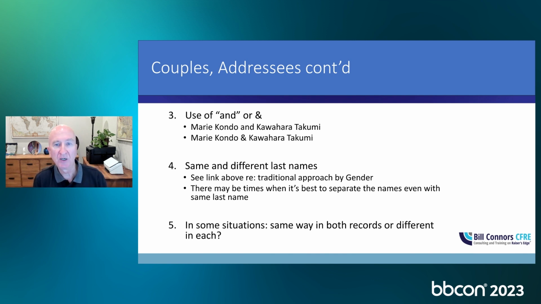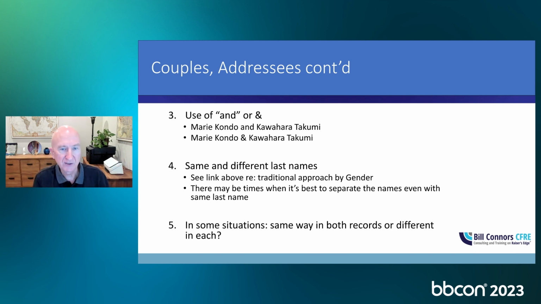What are you going to do for a traditionally married couple where she has taken his last name? How are you going to put them together, especially when she might come first because she's more important or she's the alum, not him? Sometimes, frankly, I think even with people with the same last name, it's just easier to list them separately with an and or an ampersand in the middle.